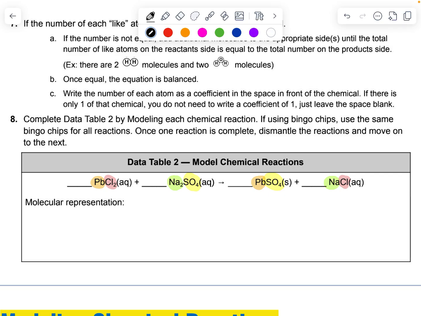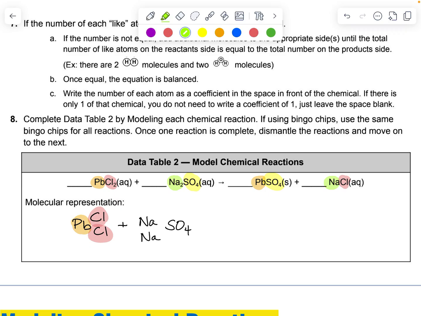All right, so I've got 1 lead. So I've got Pb, and then I've got Cl, Cl, as I draw that representative particle. So there's my lead, and then I have 2 chlorines. And I'm going to just put these close together to kind of represent that molecule. All right, and then I've got 2 sodiums, and then I have an SO4.